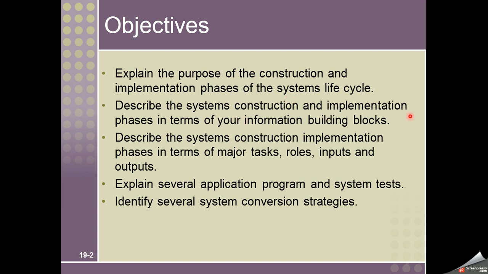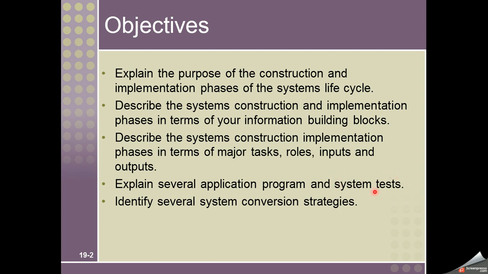Describe the system construction and implementation phases in terms of your information building blocks. Describe them in terms of major tasks, roles, inputs and outputs, and explain several application, program and system tests. We'll talk about different types of tests.